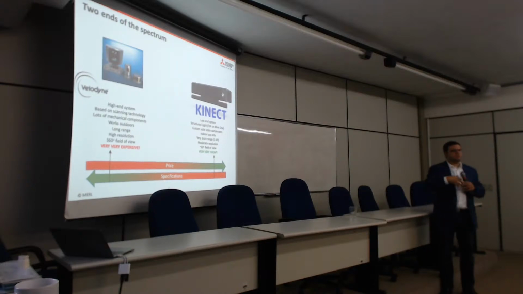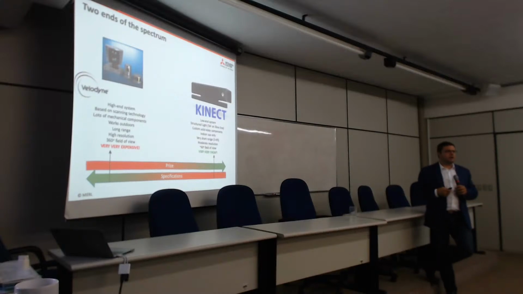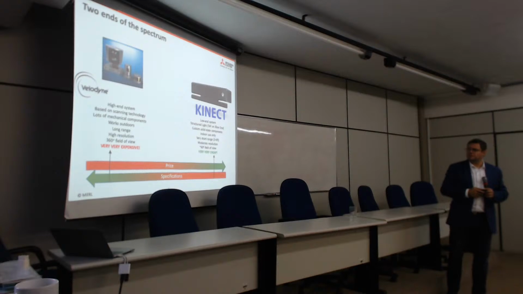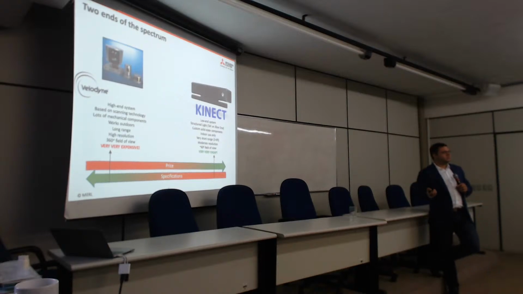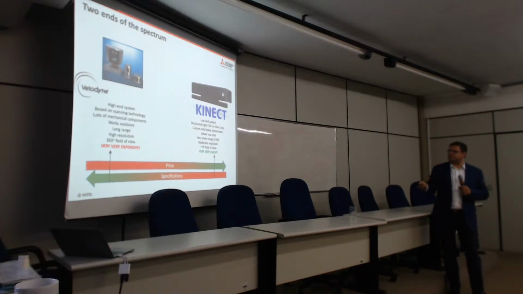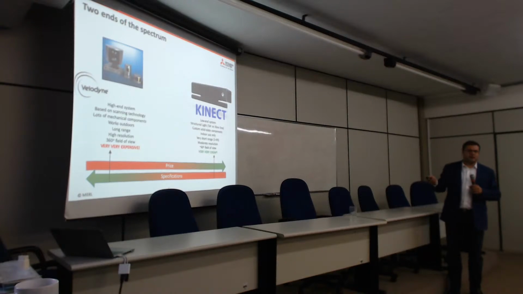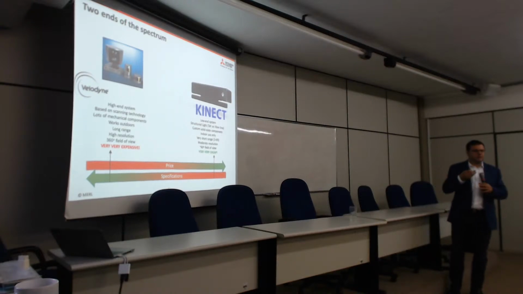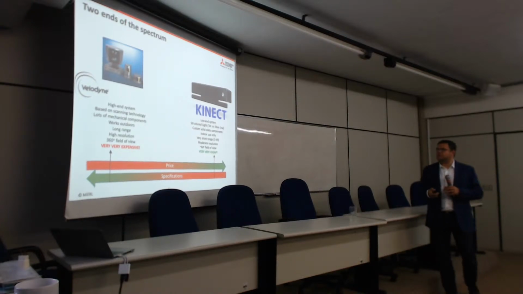Very short range, not very good with a lot of background lighting, moderate resolution, and only a 60 degree field of view. But it was only $100, and that includes the packaging and everything, and Microsoft's profit on top of that. So it's very, very cheap, and there are newer devices now that are essentially the same principle and have come even further down in price.